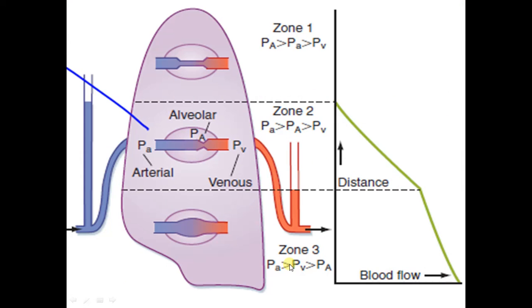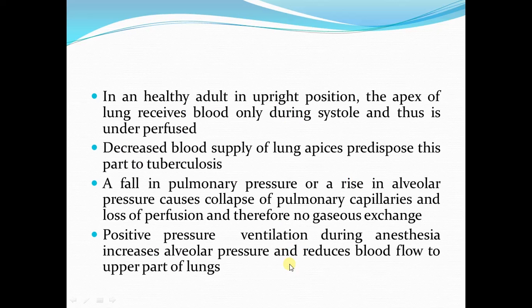So again, the zones of pulmonary blood flow: zone 1, 2 and zone 3. The blood flow to any part of the lung depends upon the difference between the alveolar air pressure and the pulmonary capillary pressure. We just talked about it, that in a healthy adult in upright position, the apex of the lungs receives blood only during systole, because there is zone 2 blood flow.